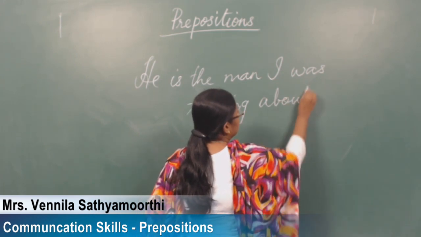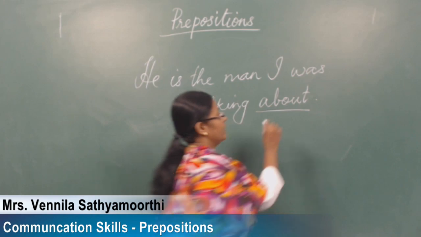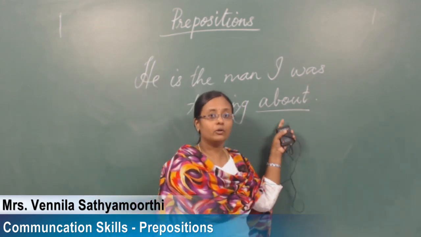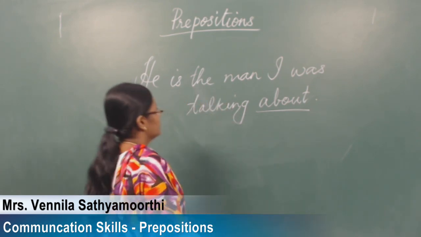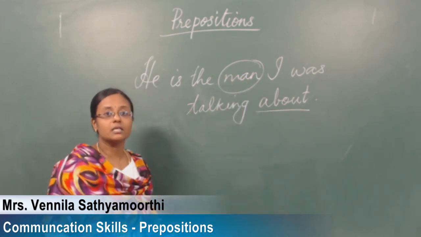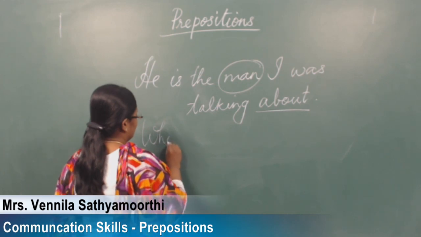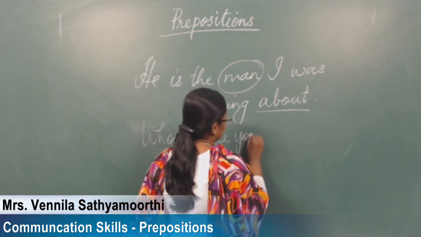Now, you see, the sentence ends with the preposition. We don't have any other noun or pronoun after the preposition about. But you know clearly what this preposition talks about is the man. Now, you see, the object is placed before the preposition. Whom were you talking to?